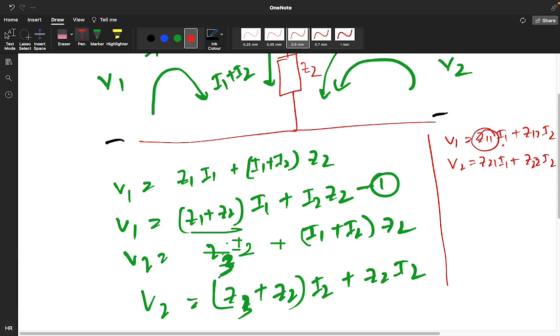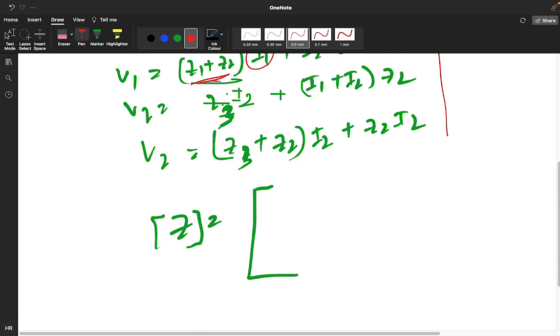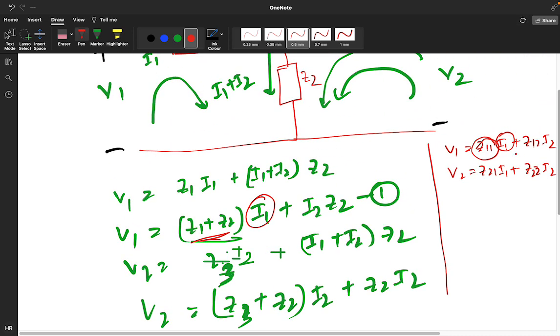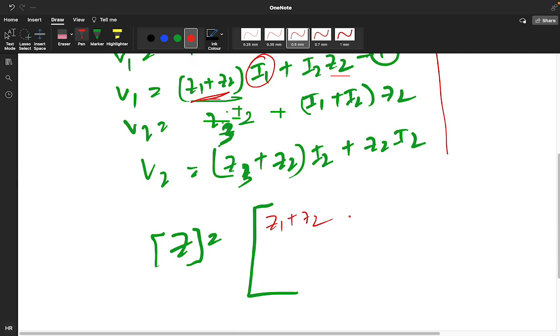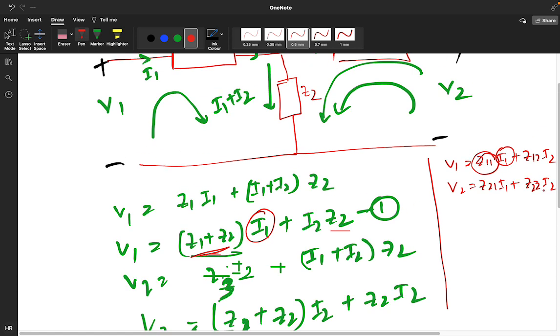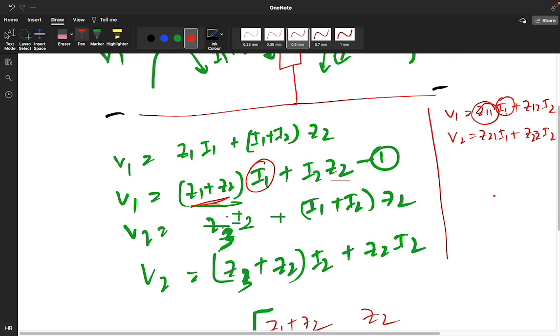So this is Z11, this is your I1. So what is the meaning? This Z1 plus Z2 is your Z11. And Z12 is what? This is I2. Its Z2 value is your Z12. Okay? And Z21 value is what?